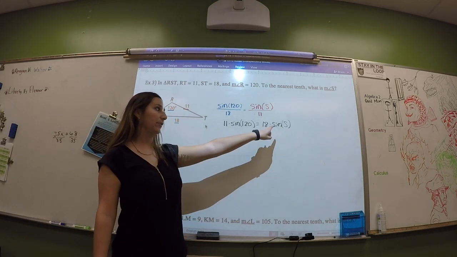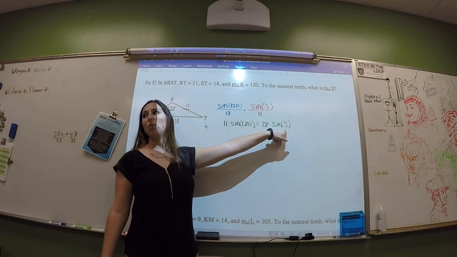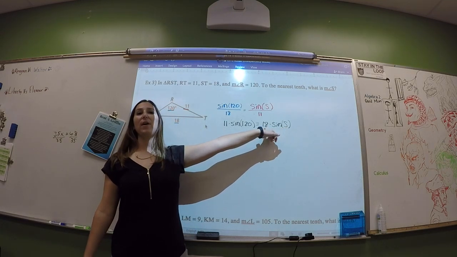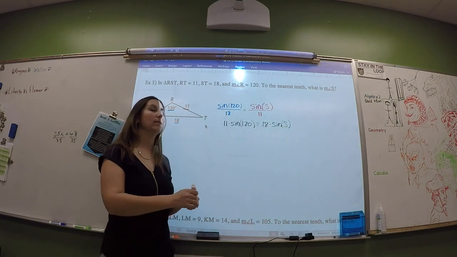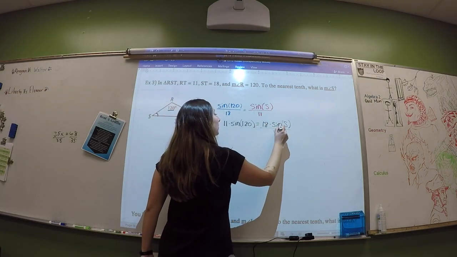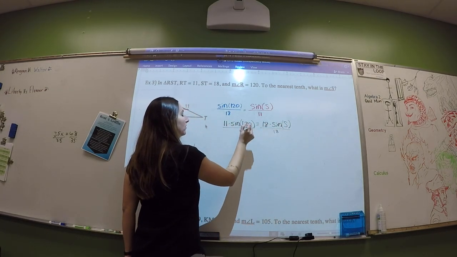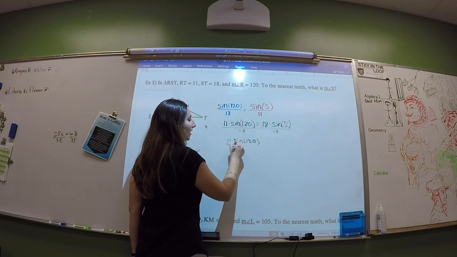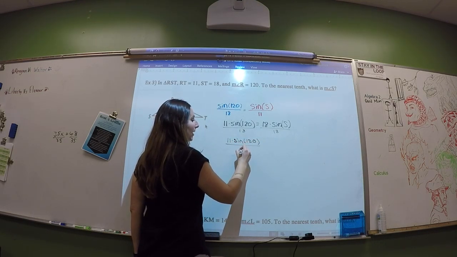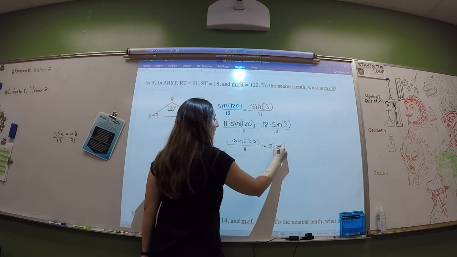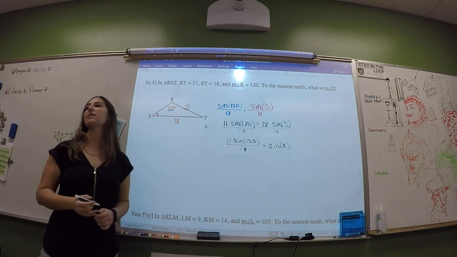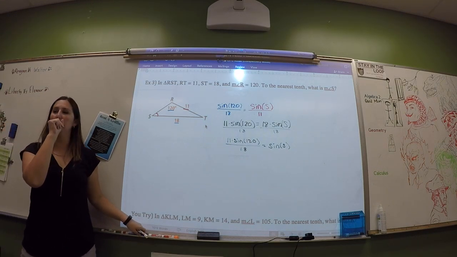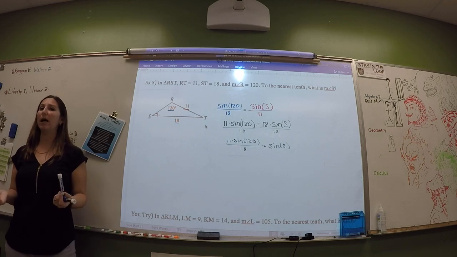Now, we're solving for S. So if we want to get S alone, we first have to divide by 18. So you're just dividing by 18 first. So we have 11 times sine of 120 divided by 18, and that gives me the sine of S. Well, how do I get rid of sine?